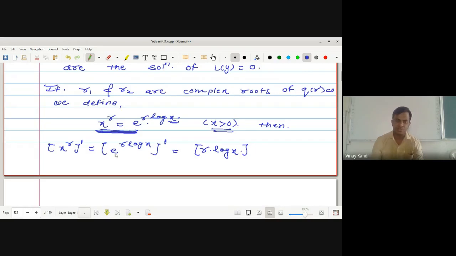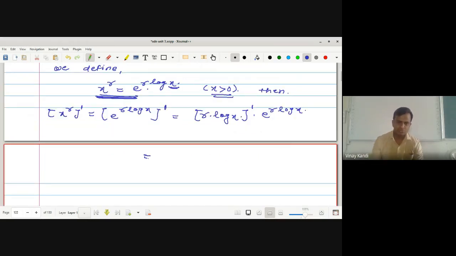It is a composite function, a function within a function. The derivative of e raised to x is e raised to x, that is e raised to log x, and then the derivative of that function again. Which is equal to r into the derivative of log x, which is 1 upon x into e raised to r log x. So that is equal to r divided by x into e raised to r log x.